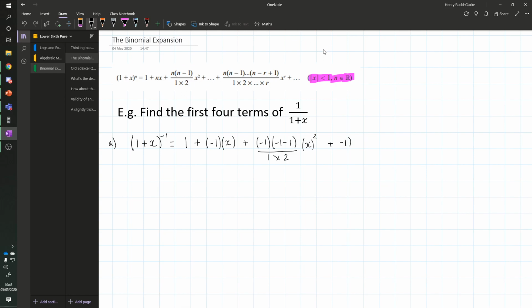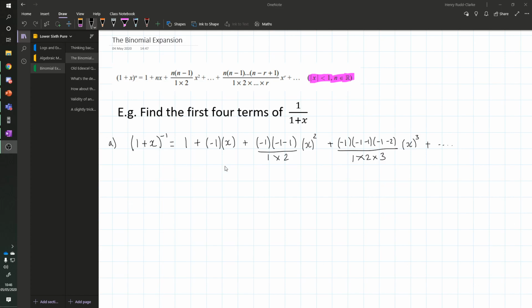It would be minus 1 times minus 1 minus 1 times minus 1 minus 2 over 1 times 2 times 3. This is the n choose 3 that I worked out on the previous page, and then x cubed. And then dot dot dot, because it goes on forever. As I just said, we never get to a point where n and r are the same, so this is an infinite expansion.